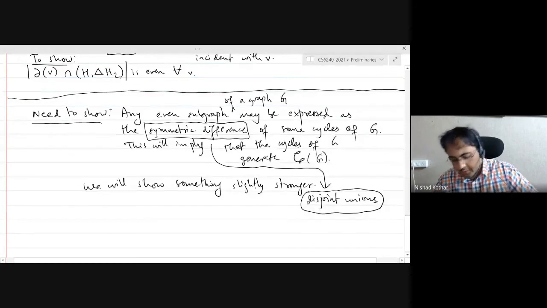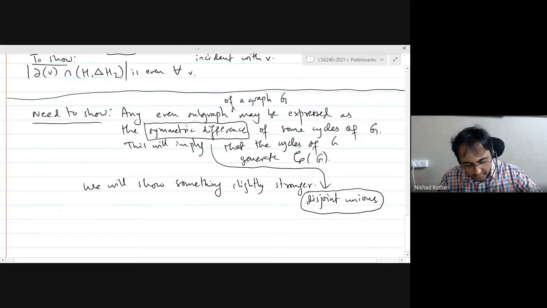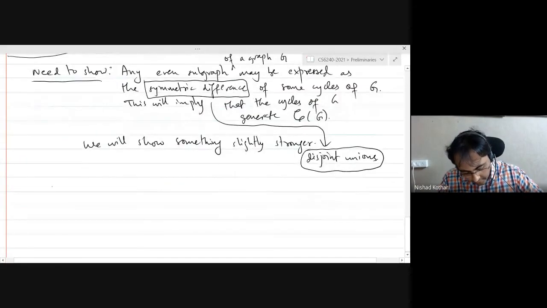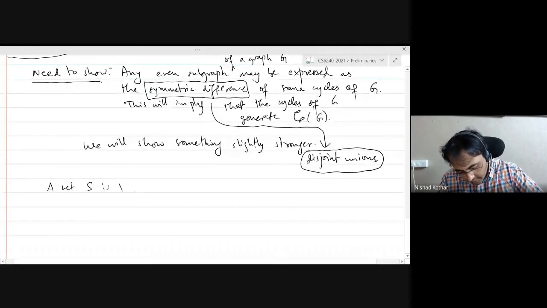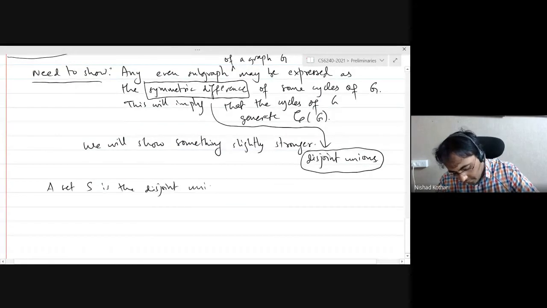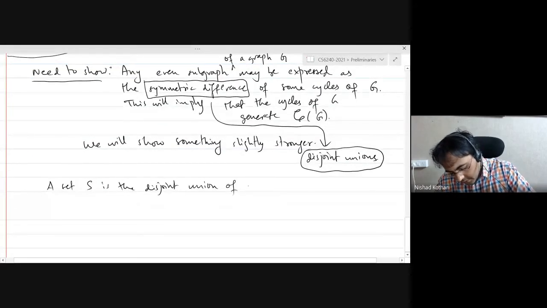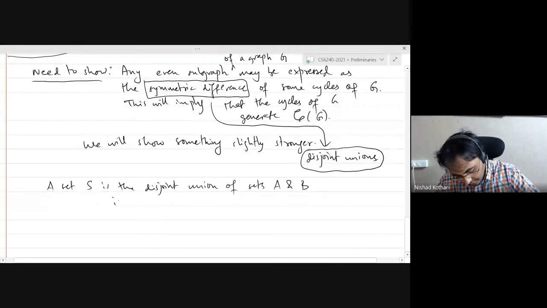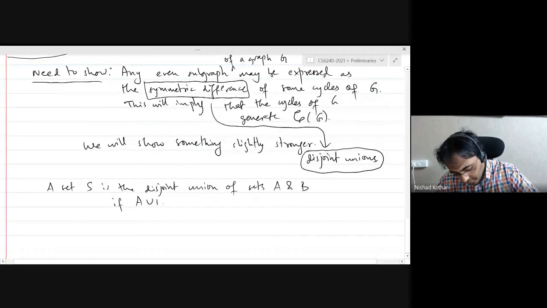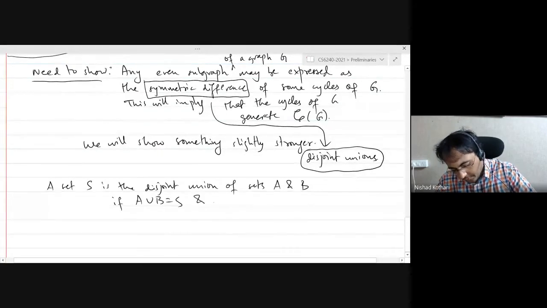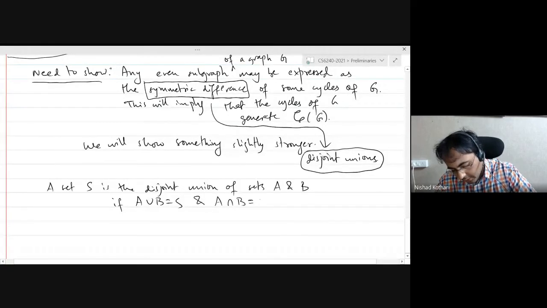So disjoint union is a slightly overloaded term. Let's just go over it very quickly. A set S is the disjoint union of sets A and B if S is equal to A union B, and on top of that, A and B do not have any common elements, right?